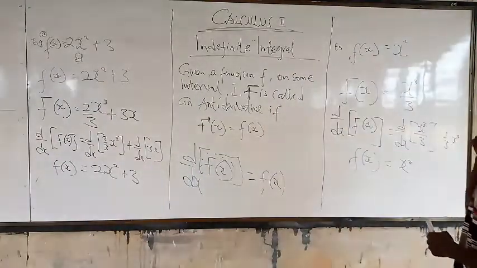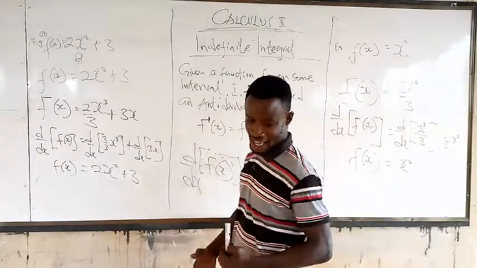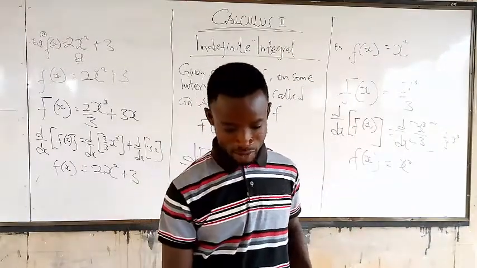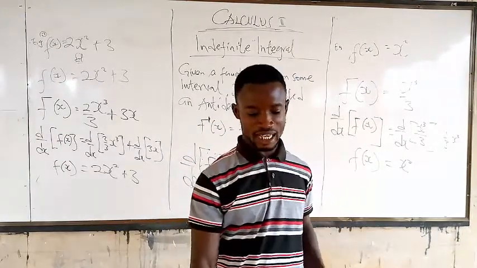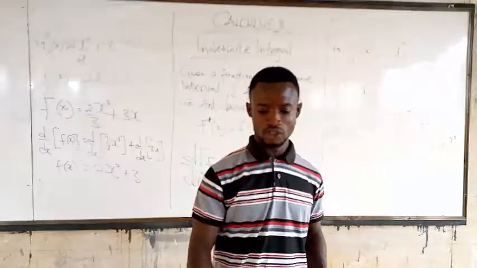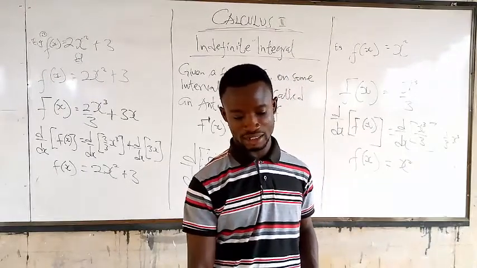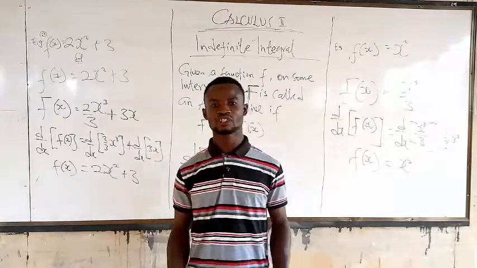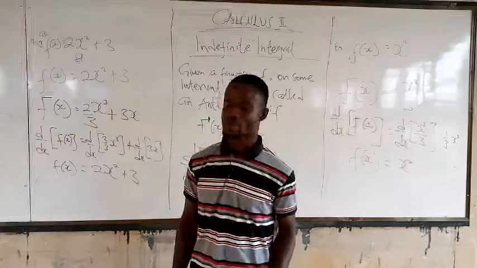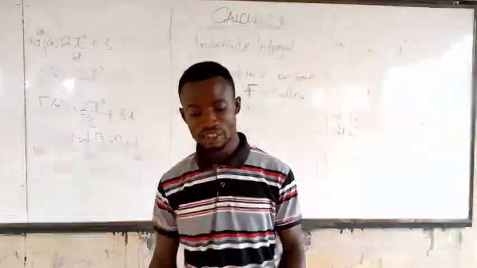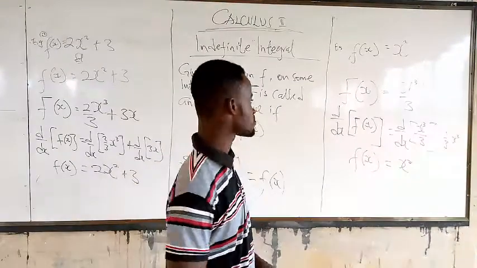I hope you can see that. Very good. Now, anytime you take integration, and you know it already from your previous knowledge, we add plus c to it. Why do we add the plus c?